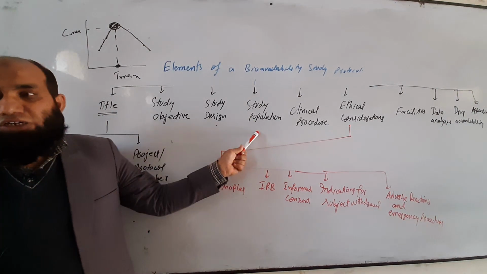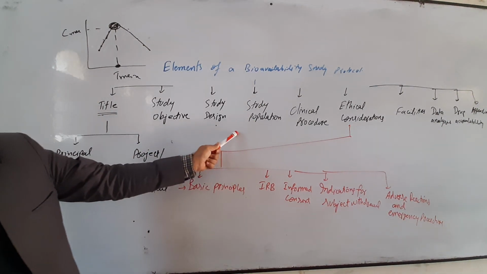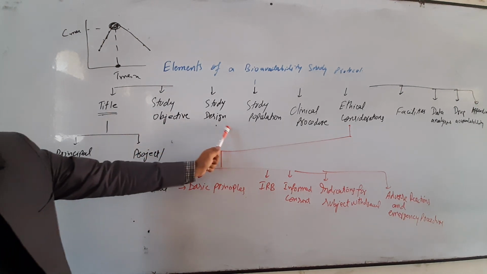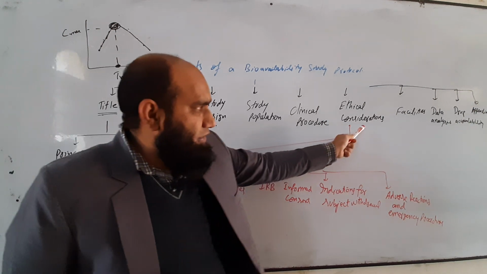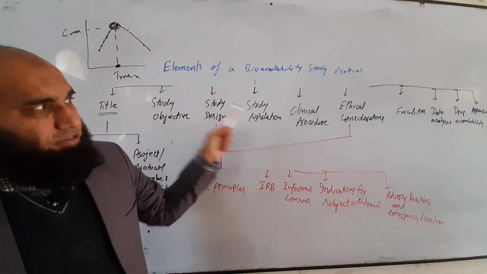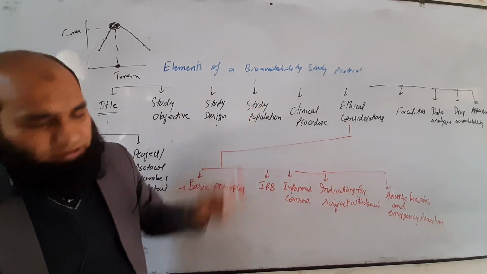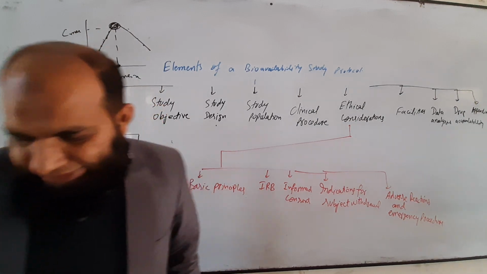Study populations are very clear to the principal investigators, as are the study design and study objective. These are all considered with the facilities, the analytical method, their instruments, and others.